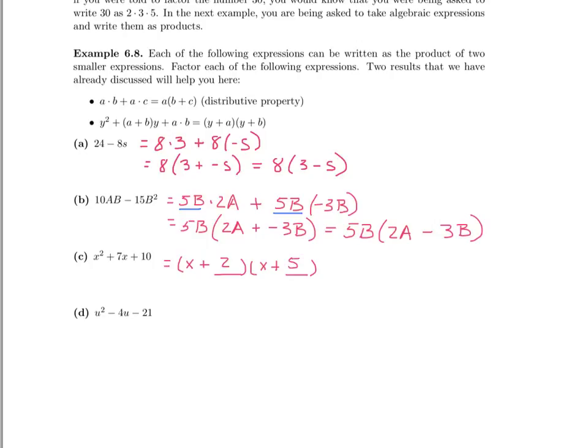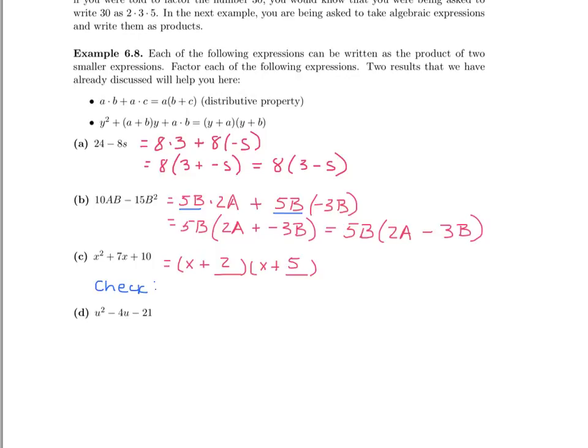We can always check our work. We can see if we've done this correctly by simply multiplying out the two expressions. So let's do a check here. If we go ahead and multiply out these two expressions we've created, we make sure each term from the first sum multiplies each term from the second sum.